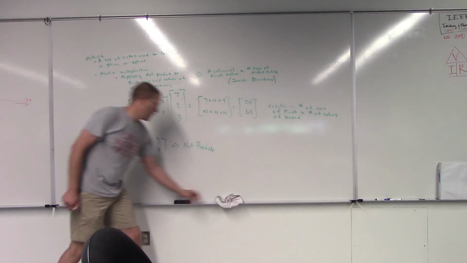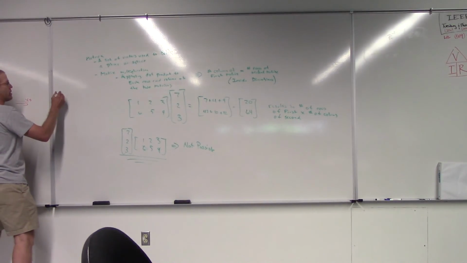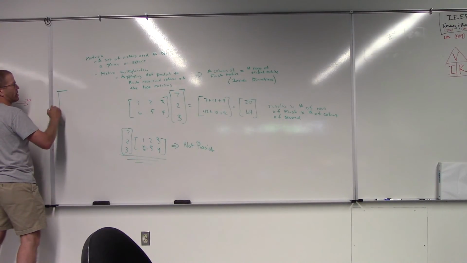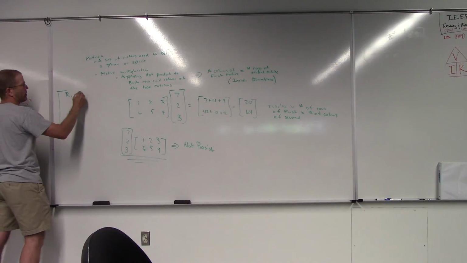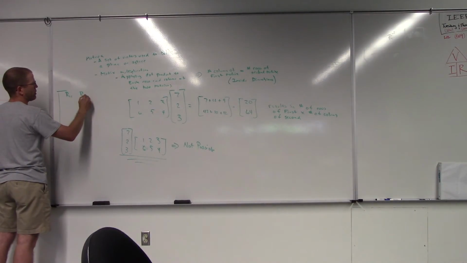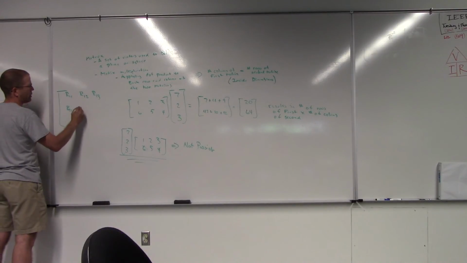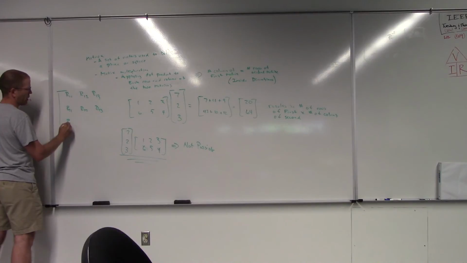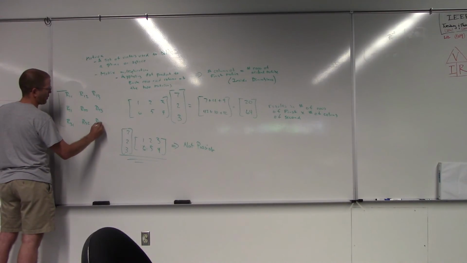Okay. When we work with this stuff in MATLAB, what we'll always do is have a rotation matrix here, which will have our R11, R12, R13, R21, R22, R23, R31, R32, and R33.